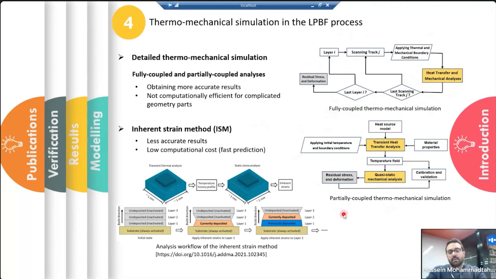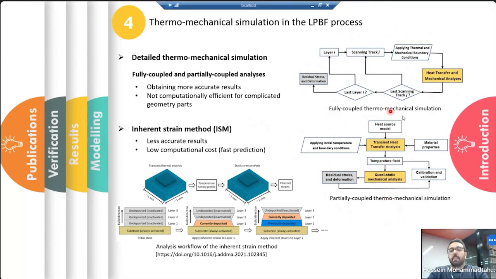But the second method is the partially coupled thermomechanical simulation. In this method, firstly, a transient heat transfer analysis is performed and the temperature distribution is extracted. And it is applied as a temperature field on a quasi-static mechanical analysis.